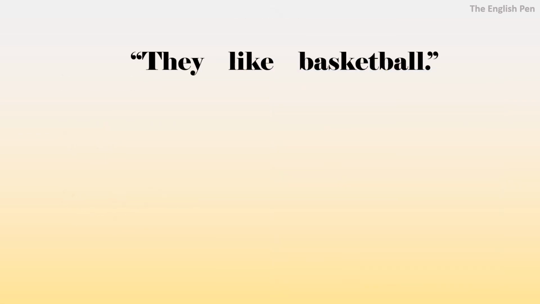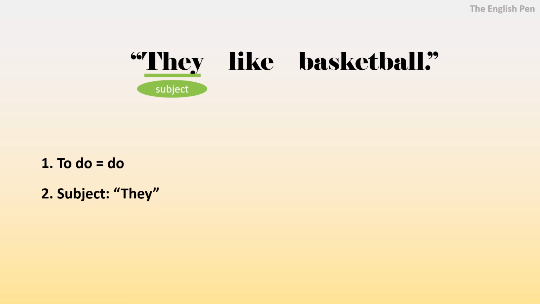Now, let's bring back our sentence. They like basketball. You will notice that this sentence is complete and nothing is missing. To make it negative, first take the base form of the verb to do. The base form is do. Next, identify the subject.